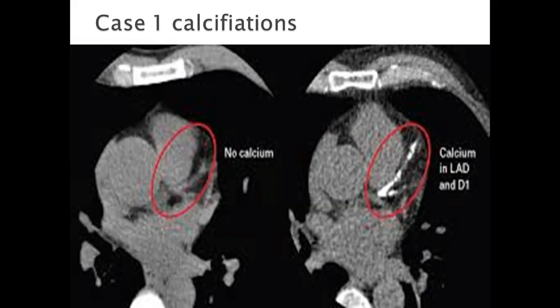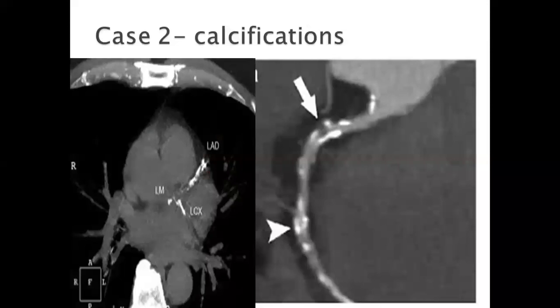But on my right, you see some increase in density in the vessel, as well as a little bit in the left circumflex artery. So this is calcifications. You can follow the vessel all the way up to where it ends.